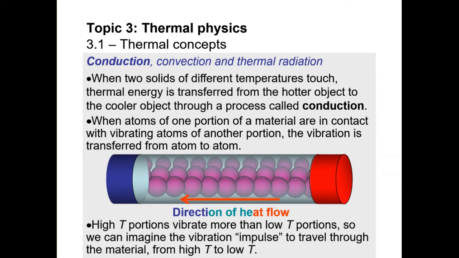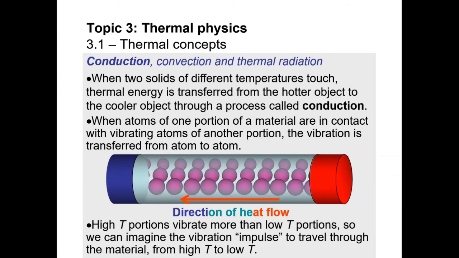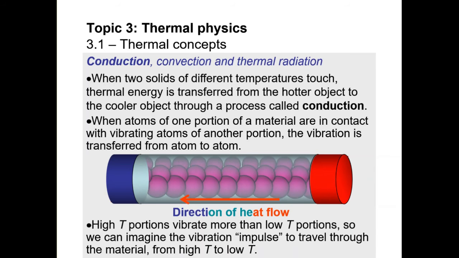The high temperature portion vibrates more than the low temperature portion, so we can imagine the vibrating impulse traveling through a material from high temperature to low temperature, and eventually the objects reach thermal equilibrium.